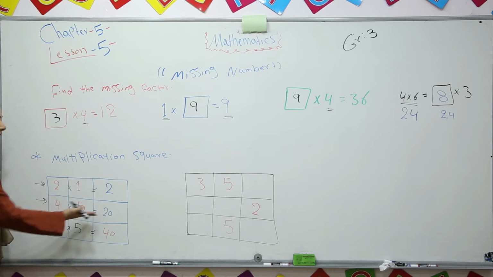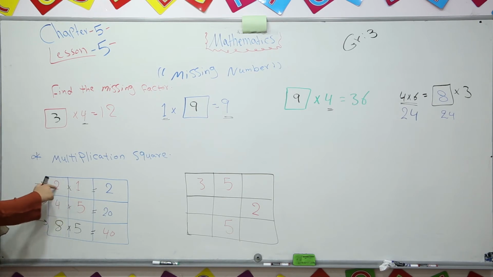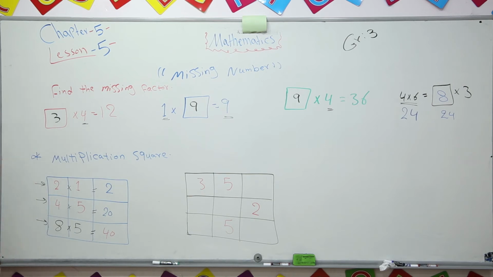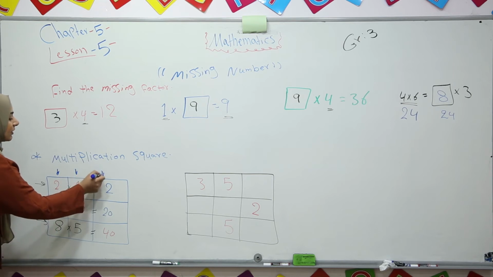If we solve it by rows, we multiply the first and second number in each row, and the third number is the answer. This time, if we multiply it by columns, look at it.